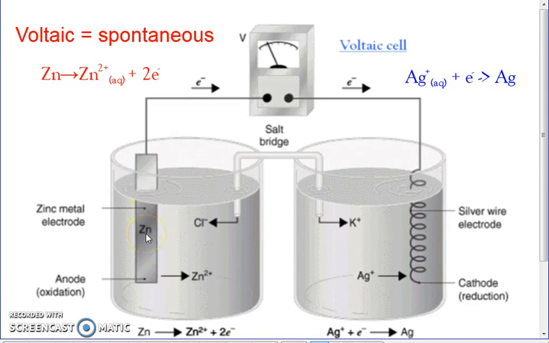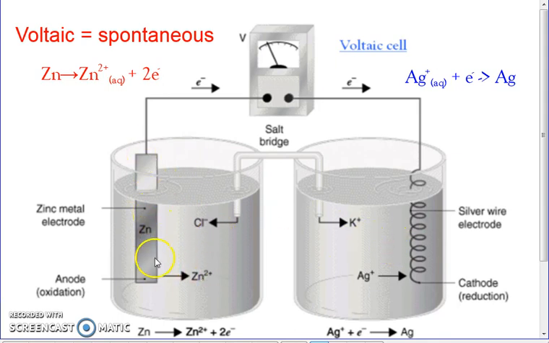Zinc will be oxidized, silver will be reduced. Zinc will lose electrons, silver will gain electrons. Remember, OIL RIG or LEO goes GER. Loss of electrons is oxidation, gain of electrons is reduction.